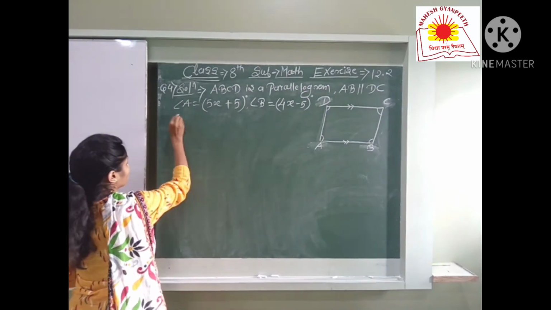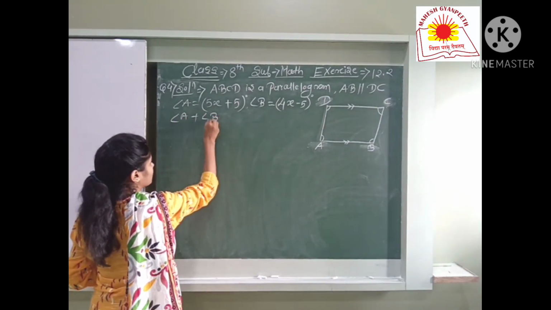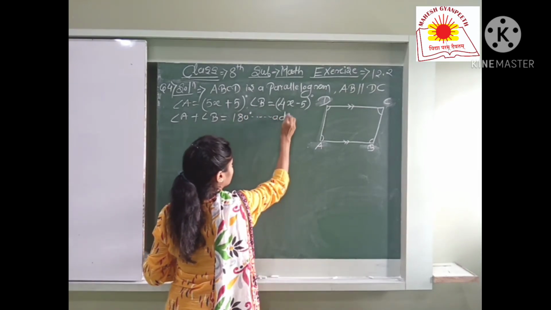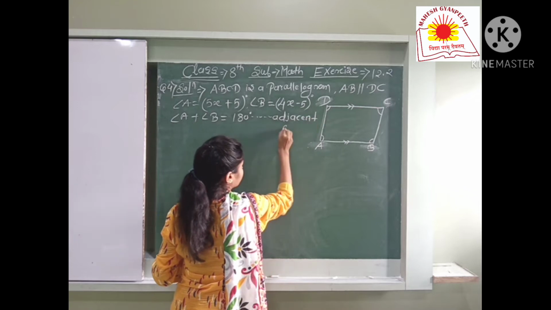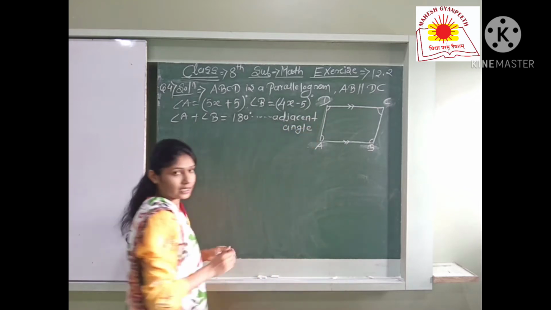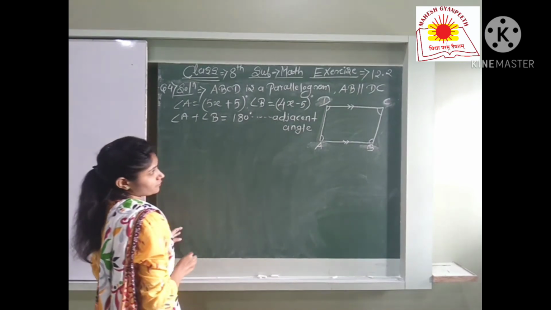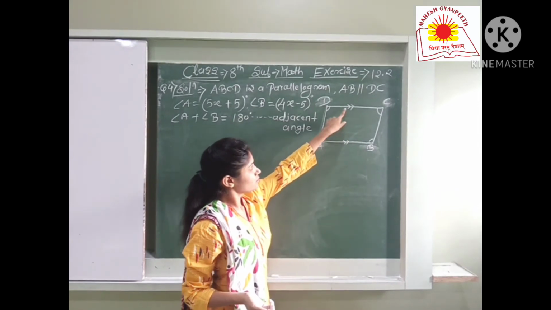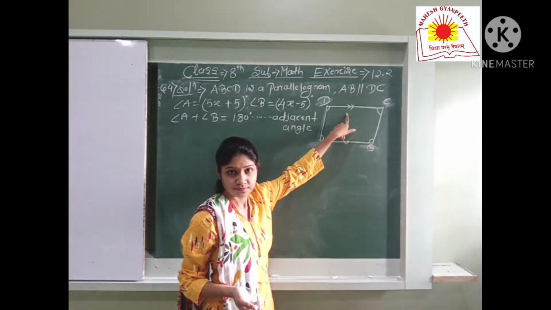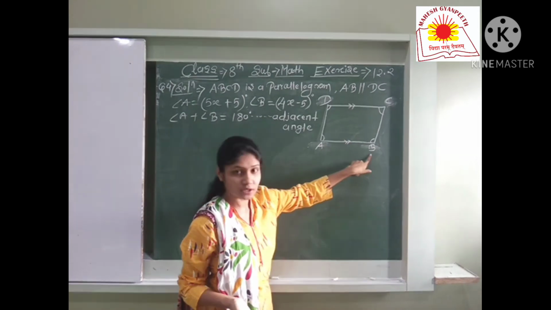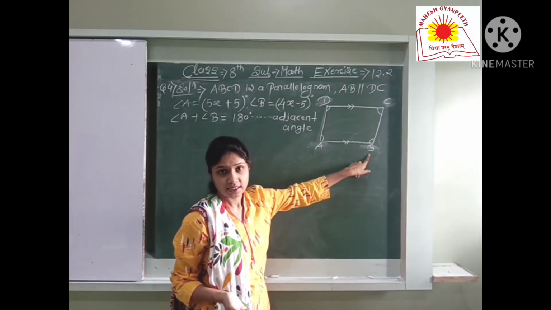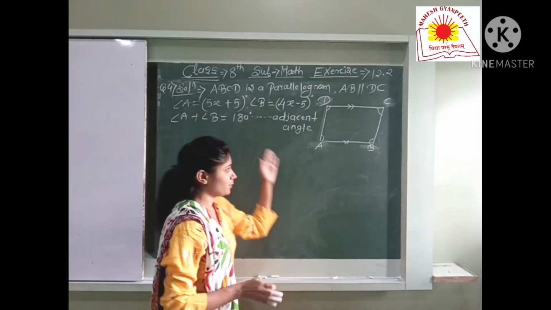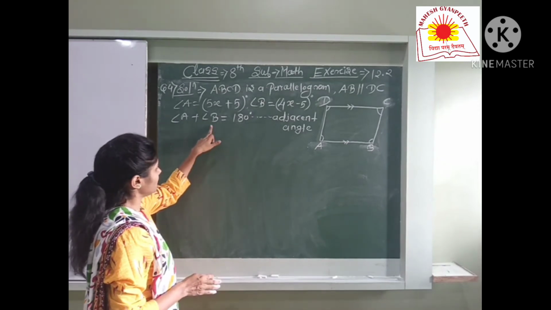So you have to apply that here. Angle A plus angle B is equal to 180 degrees. Another reason is that AB is parallel to DC and AB is also a transversal. So don't confuse, first look at this. Angle A plus angle B is equal to 180 degrees.